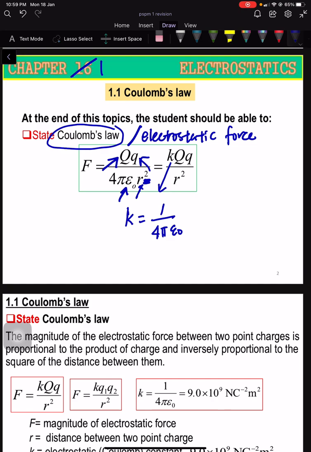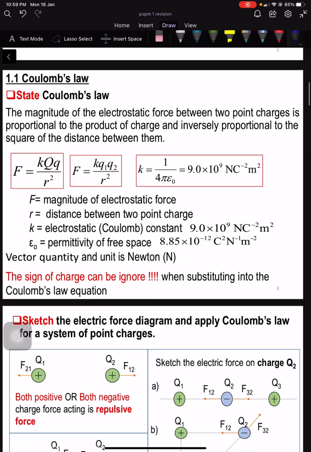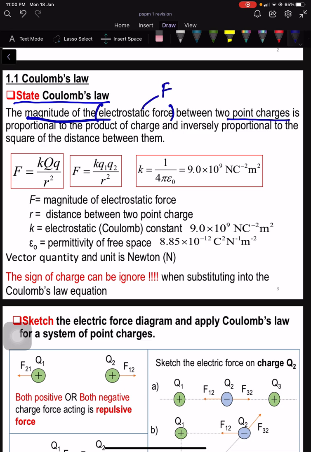Next, Coulomb's law, or we call it Coulomb force. The magnitude of the electrostatic force F between 2 point charges is proportional to the product of the charges and inversely proportional to the square of the distance between them.